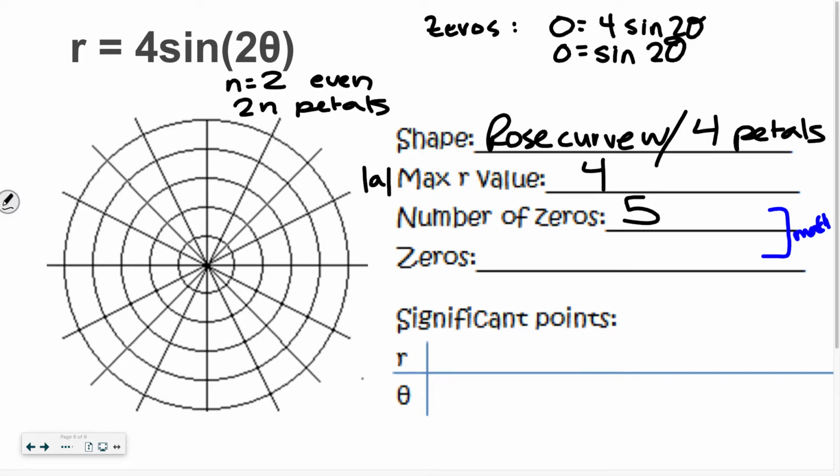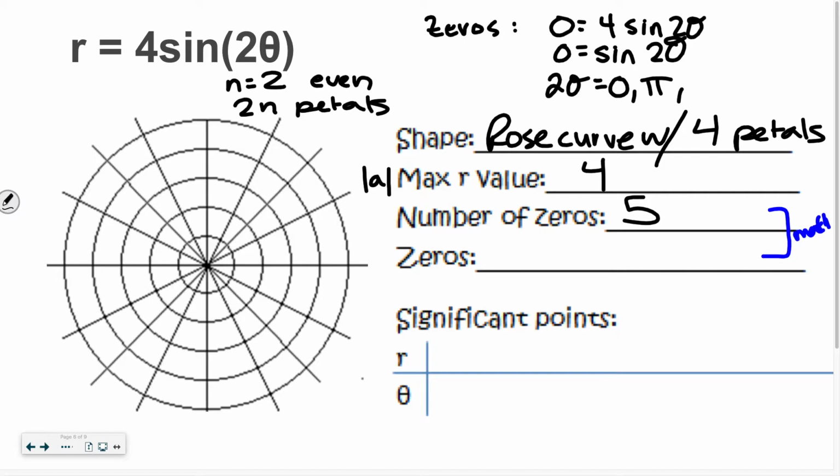You can use a little knowledge from chapter 5 about solving trig equations. We can't divide by this 2 until the very end, so we say 2 theta equals. And now we start listing 5 angles that have sines of 0. Well, we already know the first 2, right? So we use them on our circle. 0 and pi. But I need 5, so I gotta keep going.